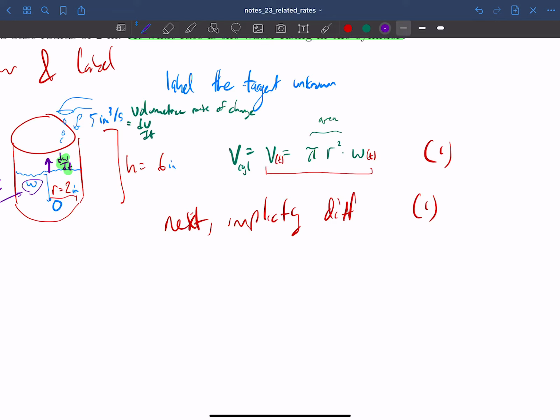On the left-hand side, I have V, and the derivative of that is dV/dt. And on the right-hand side, I have pi r squared times dW/dt. And why did I get to just do that? Those are all constants, and the only thing that varied is W.